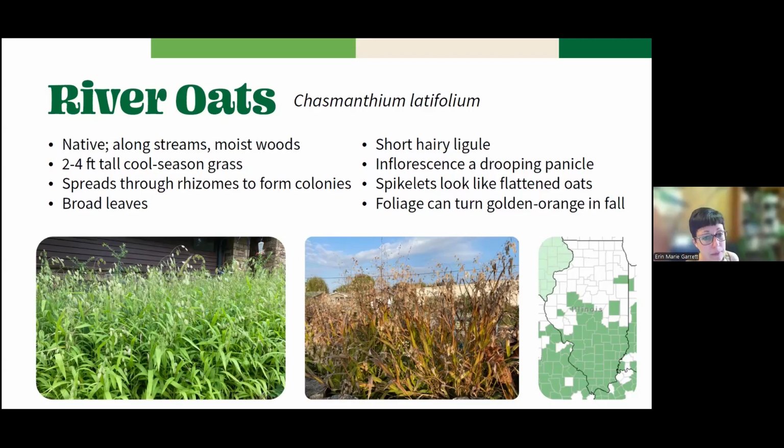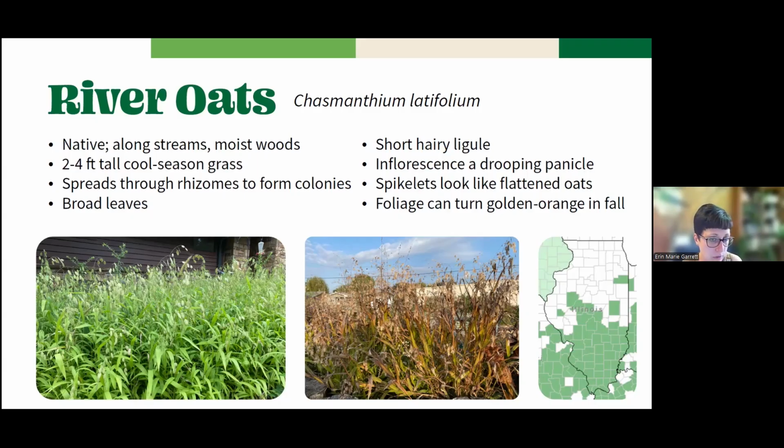You can find it typically in wetter areas, so it does like being in moist woods, bottomland woods, along streams. It is a cool season grass, but it's an interesting cool season grass because it blooms a little bit later than most of them.